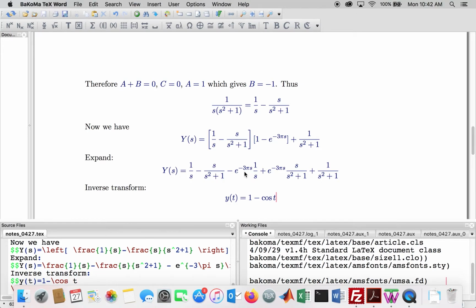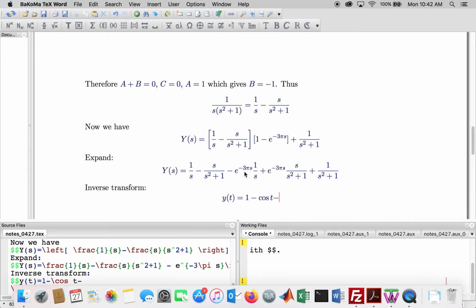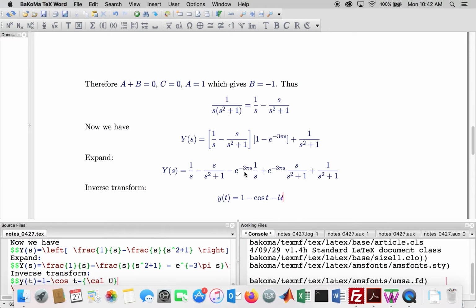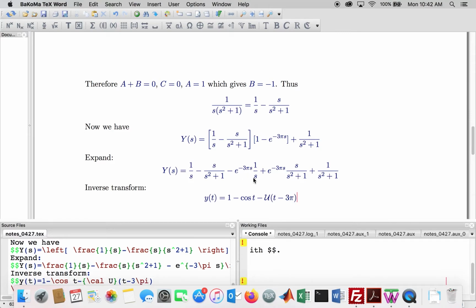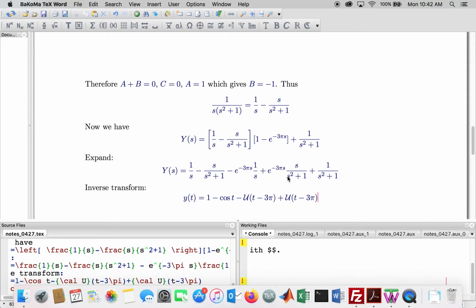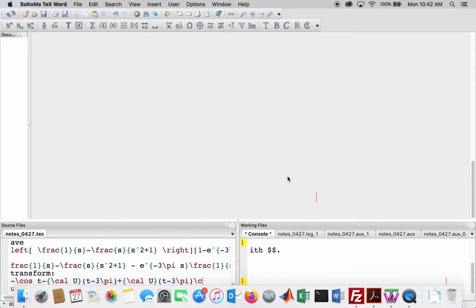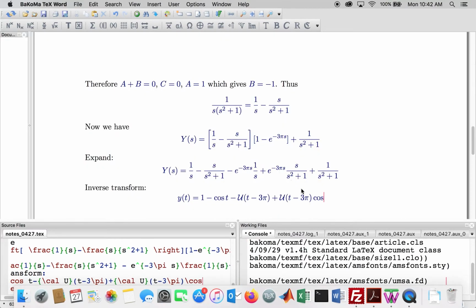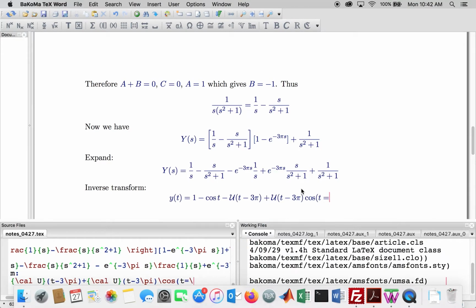So that's going to be minus unit step function of t minus 3 pi. Over here, this is a transform of cosine, but that also is multiplied by a unit step function. So that's going to give me plus unit step function t minus 3 pi times cosine, but not of t, it's t minus 3 pi.